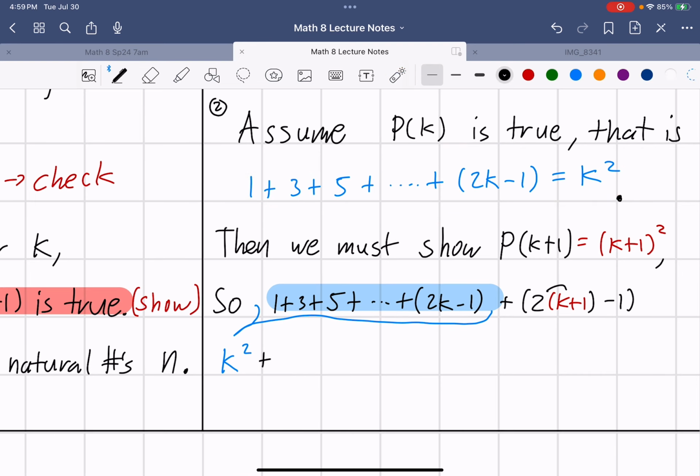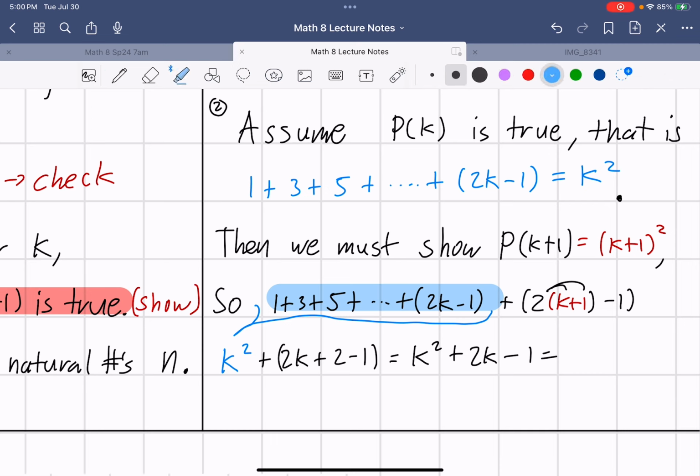And then here I can distribute that 2k. So it'll be 2k plus 2 minus 1, right? And then this is going to simplify to k squared plus 2k minus 1. And now this is where we start doing a couple different tricks.